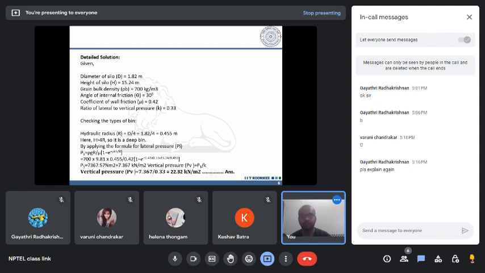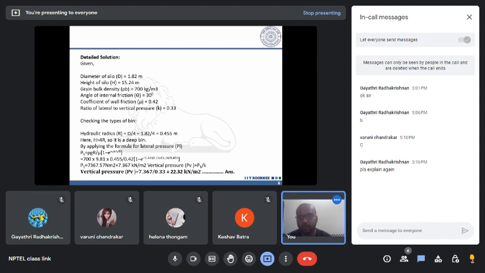So we need to check which type of bin is there. We will check by the hydraulic ratio, that is R equal to d upon 4. So our diameter of silo is 1.82 upon 4, that is 0.44 meter.